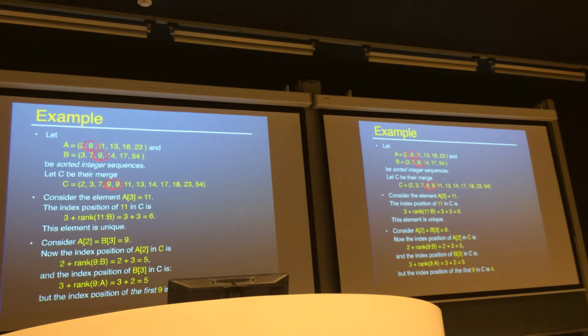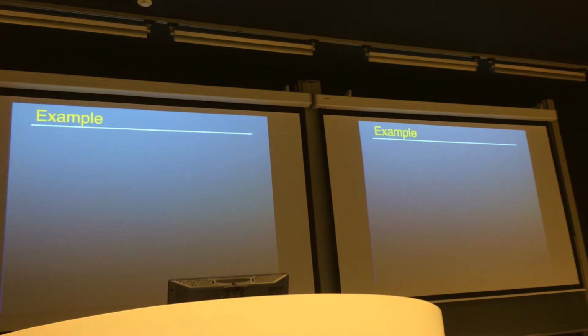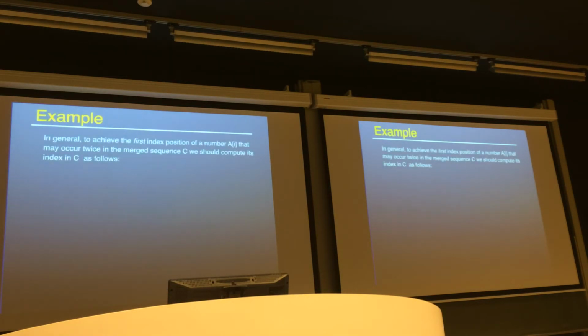And what's the mistake we made? Well, we should take into account that if you have doubles, then the definition of the first position of an element in the merged array C, derived from an element from A, should be slightly altered.